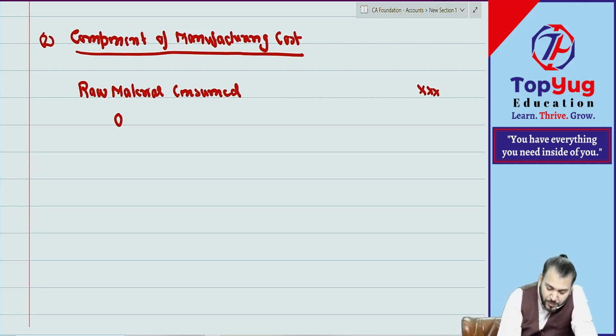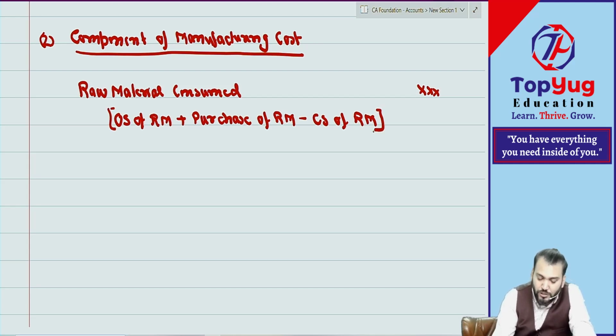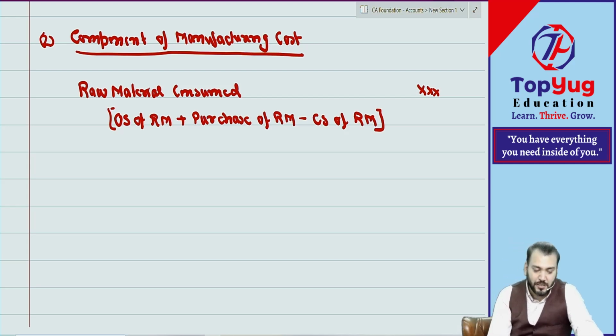It means opening stock of raw material plus purchase of raw material minus closing stock of raw material. So when we say opening stock plus purchase minus closing stock of raw material, that means raw material consumed. Correct? So how much raw material has been consumed during the year, that will become the expense of the year.